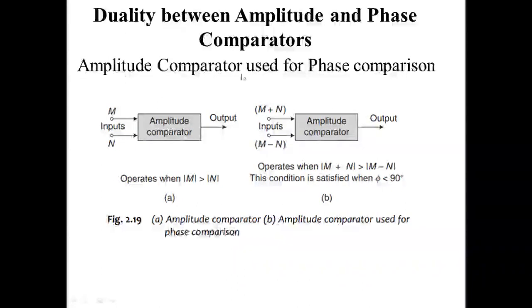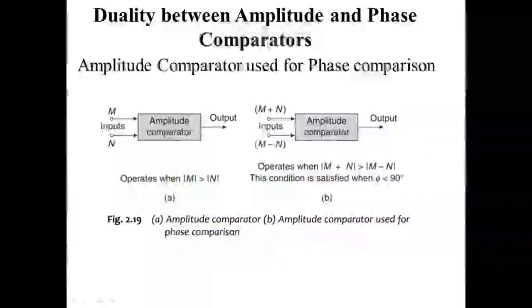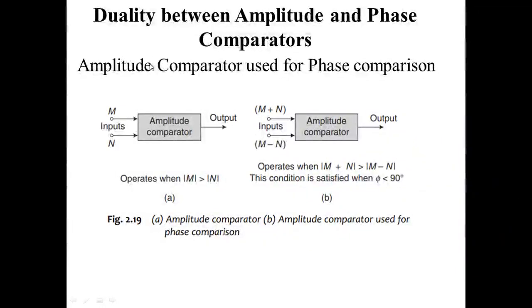Here, amplitude comparator used for phase comparison is figure 2.19a. In the first figure there is a block of amplitude comparator with two input quantities, first M and second N, and the output of that amplitude comparator.